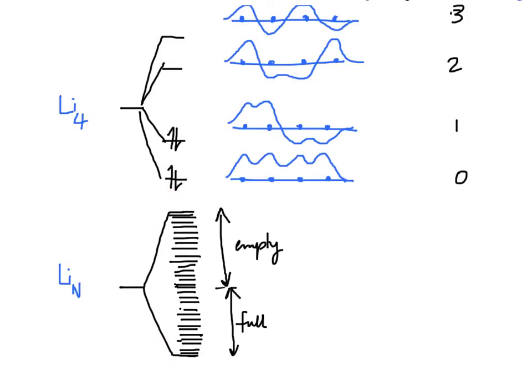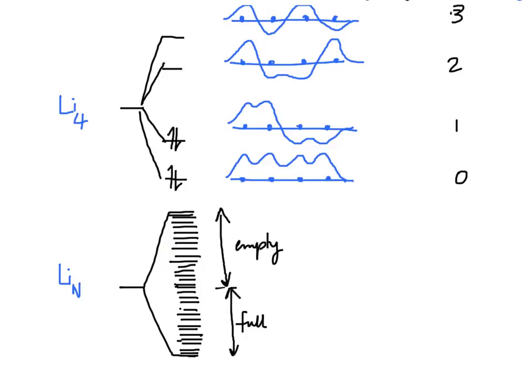You have lithium N, where N is a very large number, so you have of course a very large number of electronic levels, and half of them are full, because by the time you reach this level over here, you have run out of electrons. So half of these many electronic levels are occupied, and the other half over here are empty.